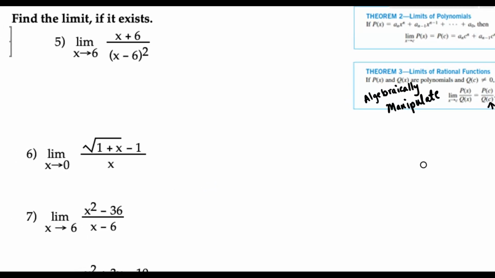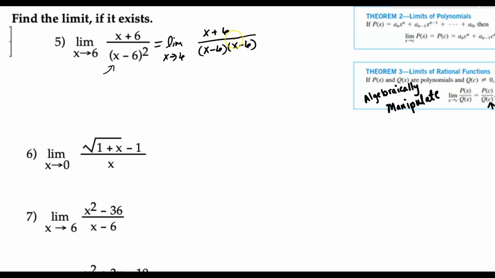So let's take a look at number 5. If I plug in 6 right here, I'm going to end up with 6 minus 6, which is 0. I have a problem. So I'm going to try to manipulate this algebraically. Unfortunately, the only thing I know how to do right now is break it up like this, because it's a binomial squared, and see if I can eliminate a factor.